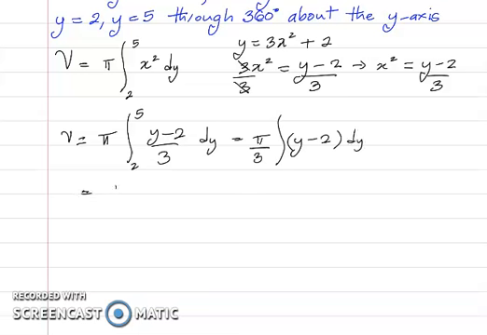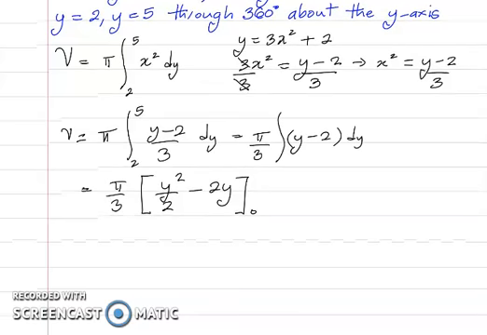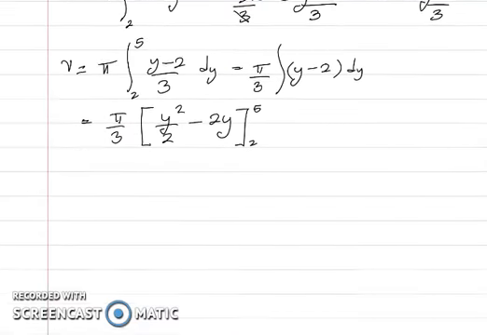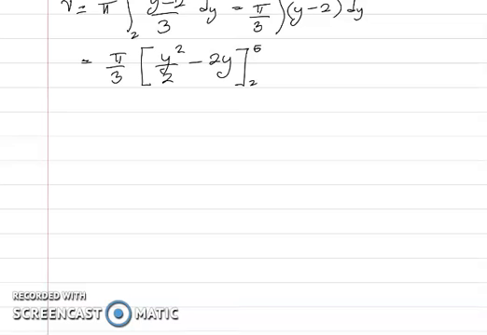So now we have pi over 3. When we integrate, we're going to get y squared over 2 minus 2y, and the limits are 2 to 5. So 2 here, 5 here. Next, we're going to replace y with 5 and then y with 2.